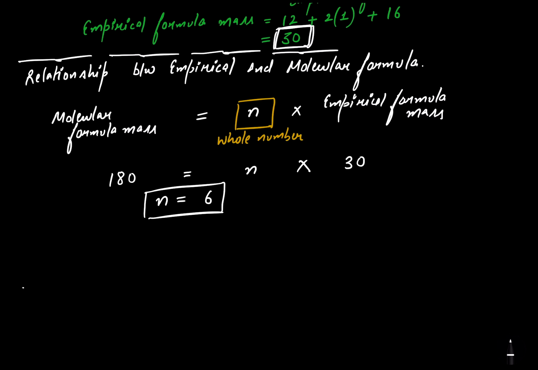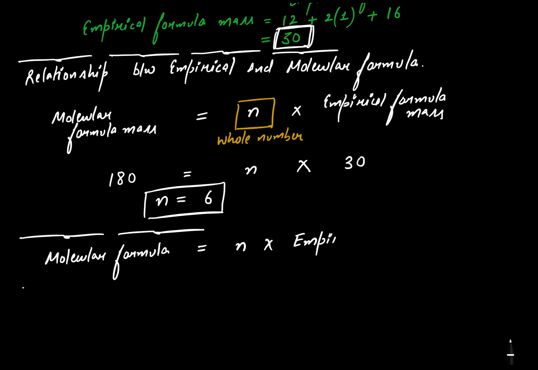Now where am I going to use this value of n? Now I'm going to take it like molecular formula. Now it's just molecular formula, not the molecular formula mass. It is just directly molecular formula will be equal to n into empirical formula.